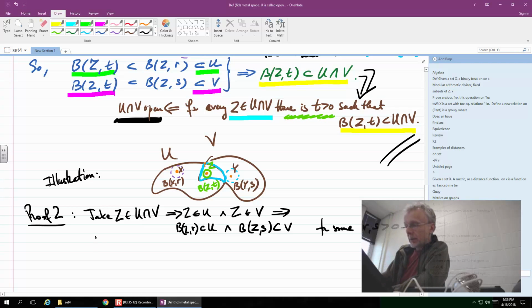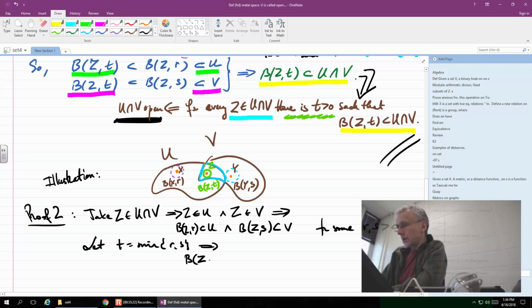Okay, the next step is let t equal the minimum of r and s. Then B(z, t) lies inside the intersection of U and V. The end.